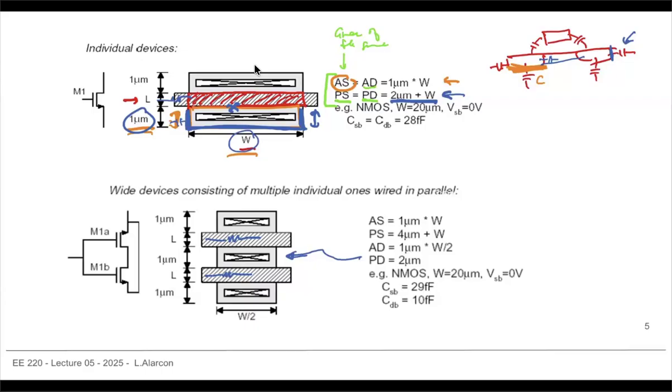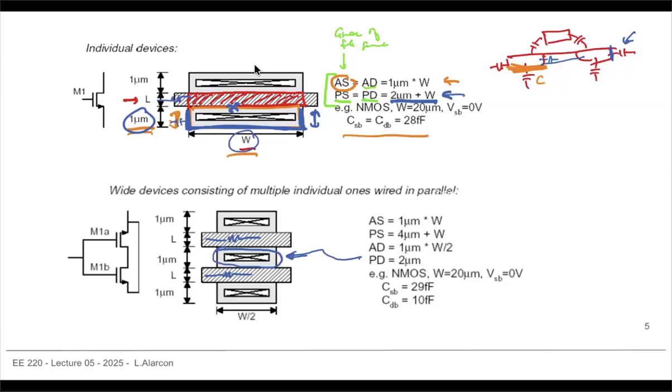And if you look at the total cap, you're going to be sharing this region, so you actually have approximately a reduction in the capacitance. I think you can see here with this calculation the total cap, this is symmetric, so the total cap from the source to bulk and drain to bulk is 28.